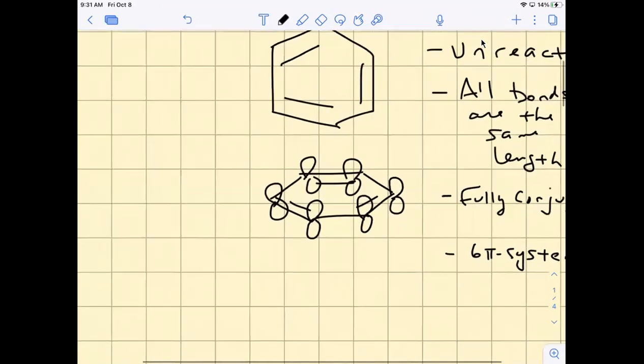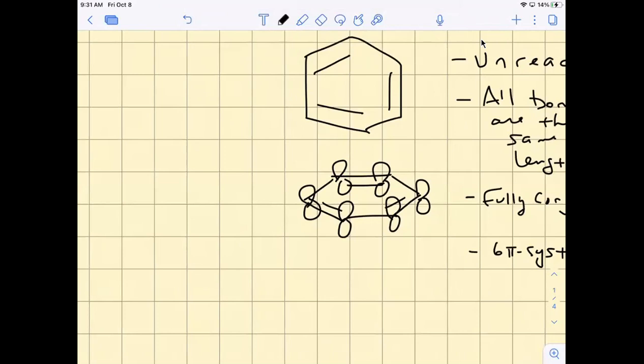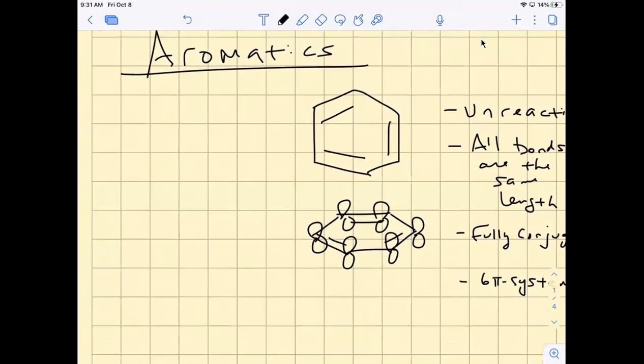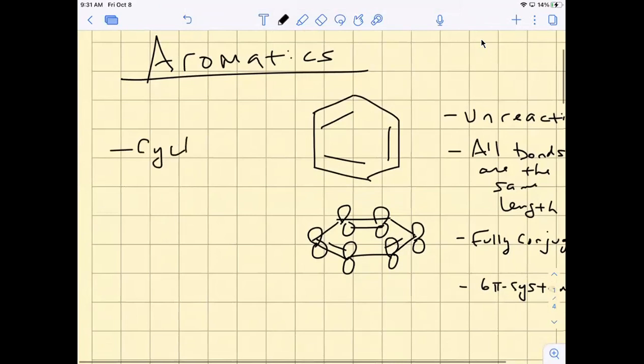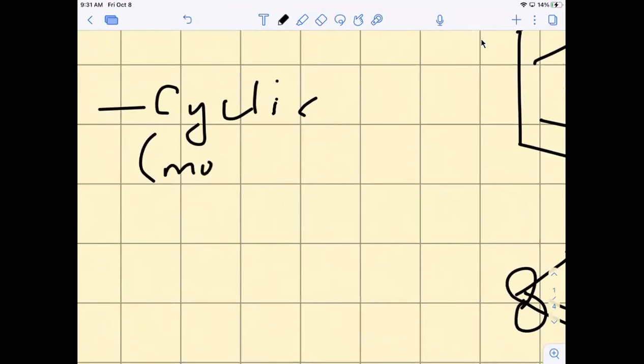All right, so with benzene, well, benzene kind of gives us a paradigm of what an aromatic compound should look like, right? It should be cyclic. And under classical rules, it will have to be monocyclic. But of course, there are several aromatic compounds that defy that definition of monocyclic, meaning having only one ring. We're going to talk about some of those.